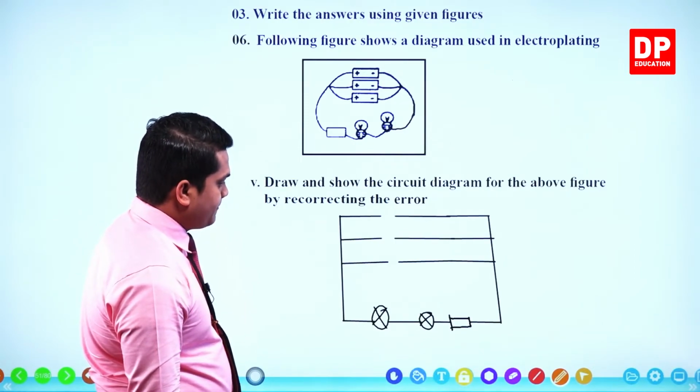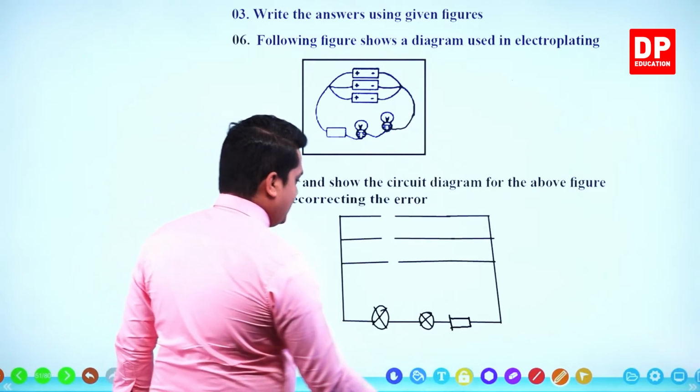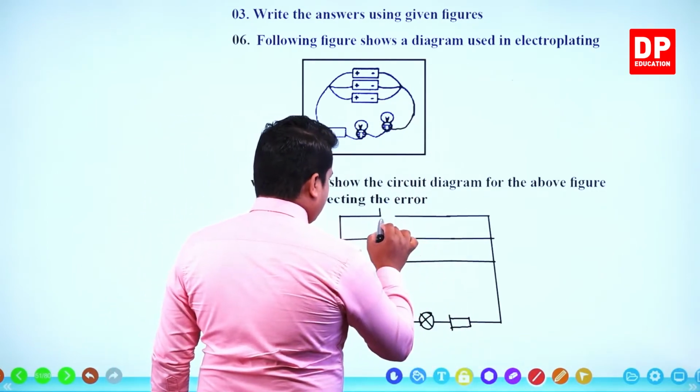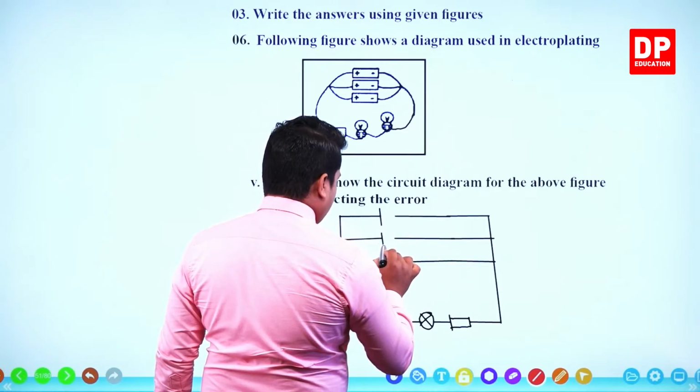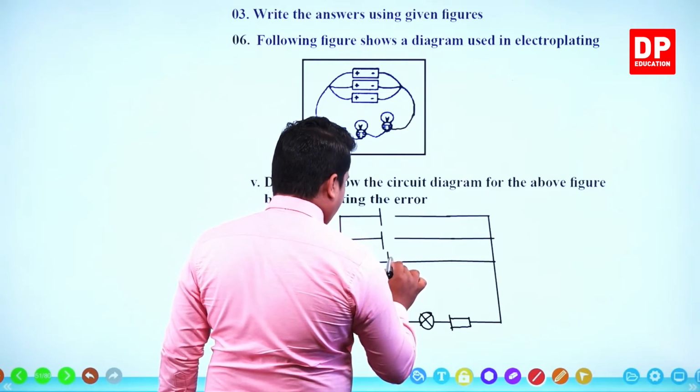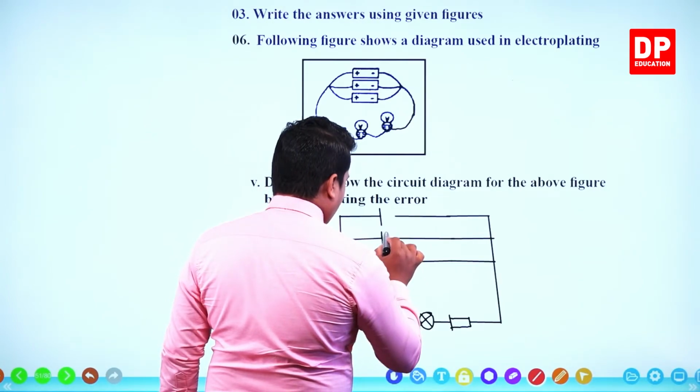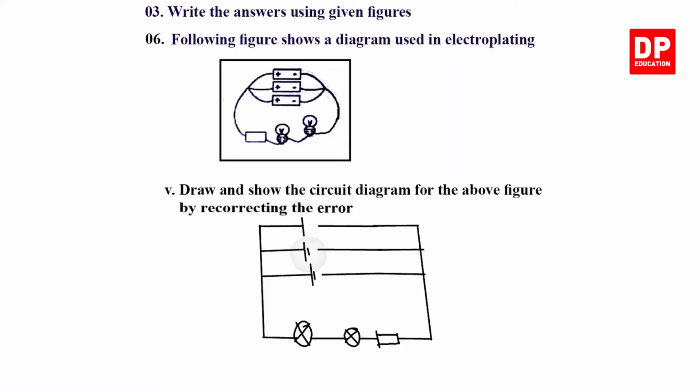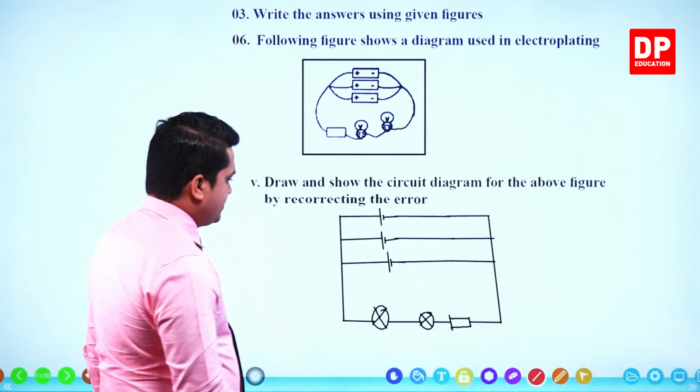Then the resistor, and after that the three dry cells, 1, 2 and 3. All the negatives together, all the positives together.